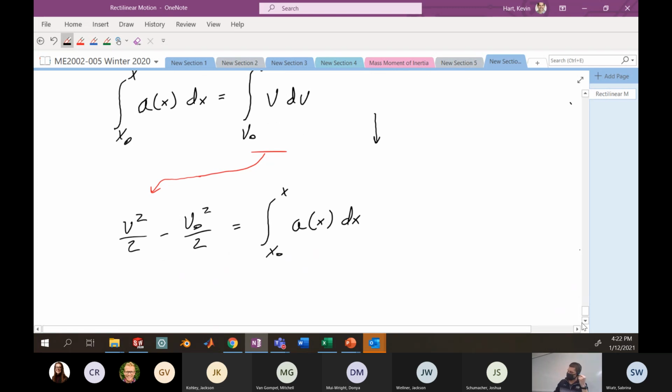So the point is now I'm getting to a point where I can start writing my velocity as a function of x. I'm getting to a point where I can write an expression for this.